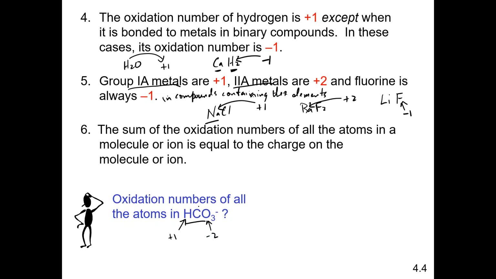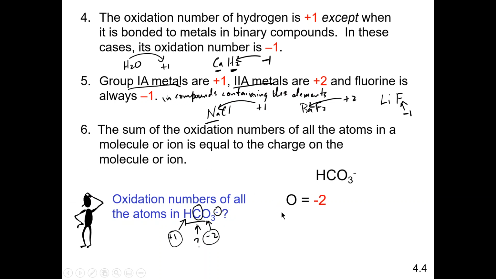There's no direct rule talking about carbon, but we can determine the oxidation number of carbon because we know the net charge is -1. So the sum of all the oxidation numbers would be equal to -1 in the case of the hydrogen carbonate ion. So this is the setup right here.